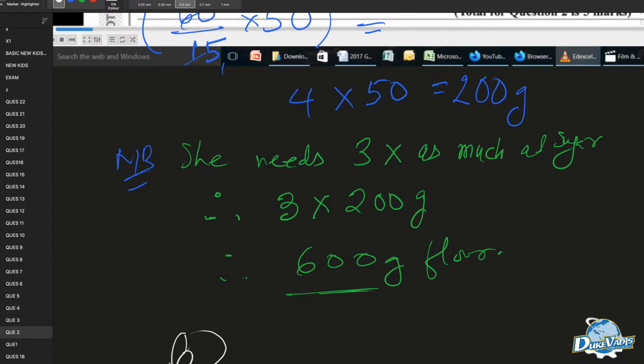The question first of all says 2 times. You will need 2 times as much butter as sugar.